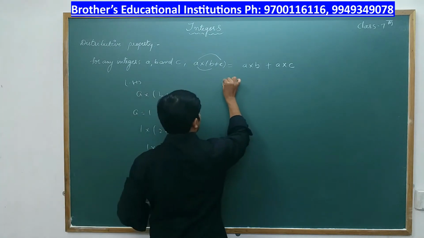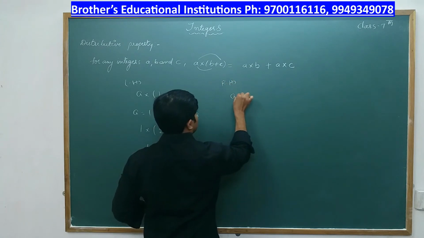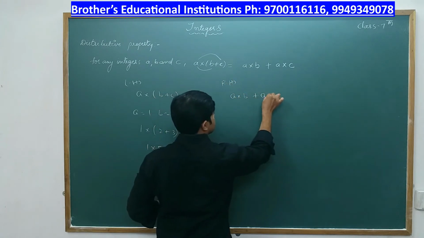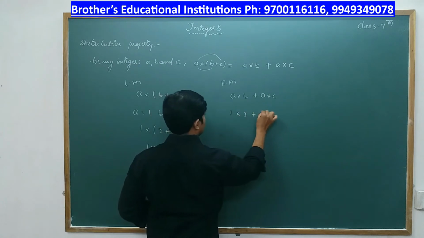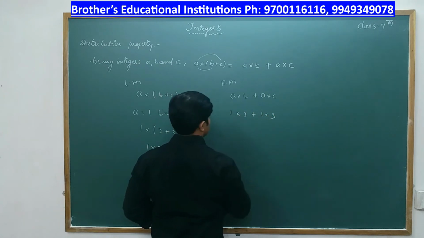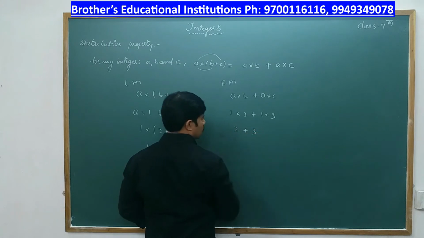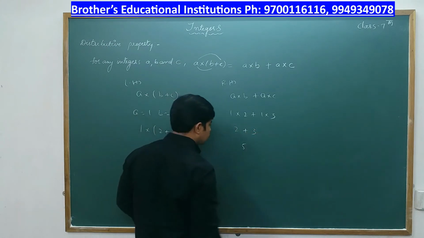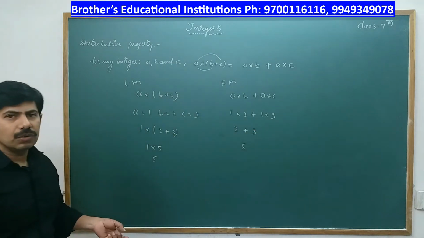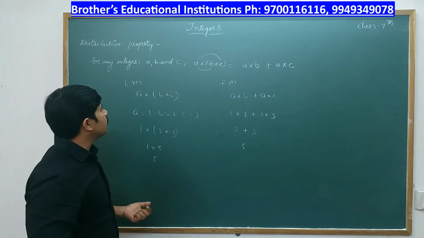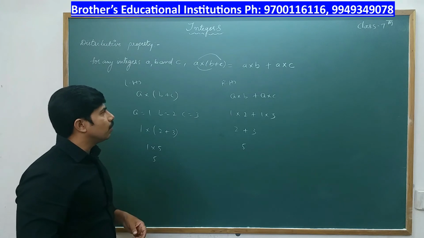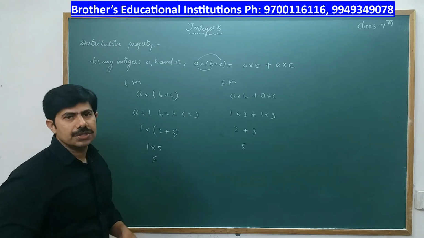Now if you take RHS a into b plus a into c, that is 1 into 2 plus 1 into 3. So 1 twos are 2, 1 threes are 3. So 2 plus 3 is 5. So we get LHS is equal to RHS. So we say that if a, b, c are three integers, then a into (b plus c) is equal to a into b plus a into c.